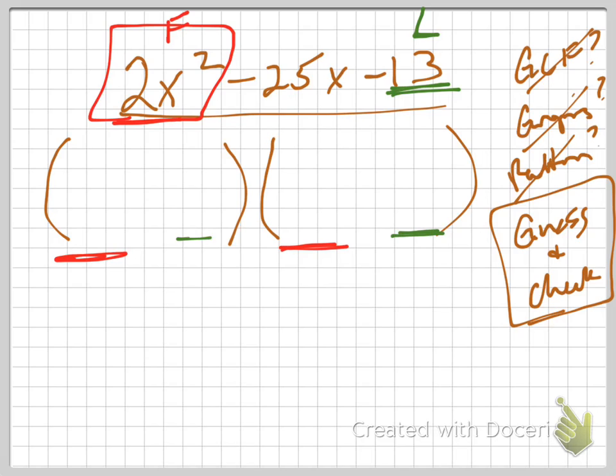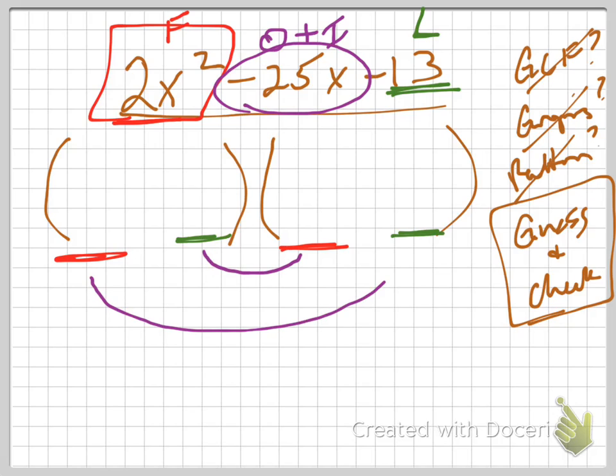And where does this middle term come from? That comes from your O plus your I when you're foiling. This is your inside. This is your outside.